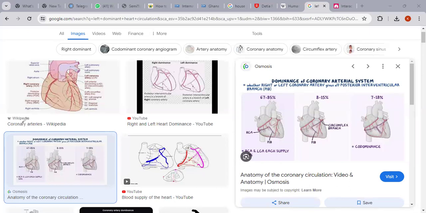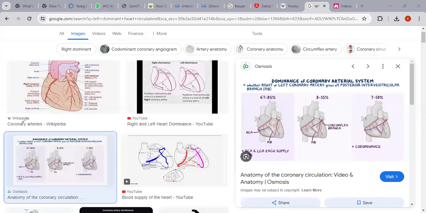Cardiac dominance is defined by which of the coronary arteries gave rise to the posterior descending artery, or the posterior interventricular artery. Is it the right coronary artery? If that is the case, as is found in most humans, that is a right dominant heart, like how most of us are righties.